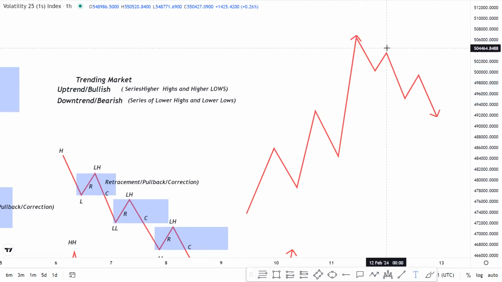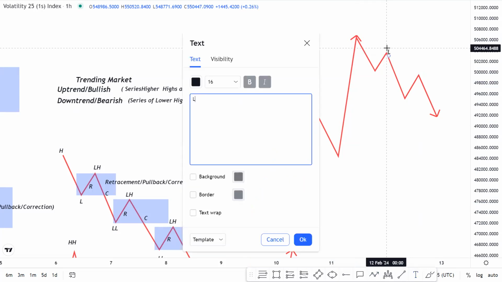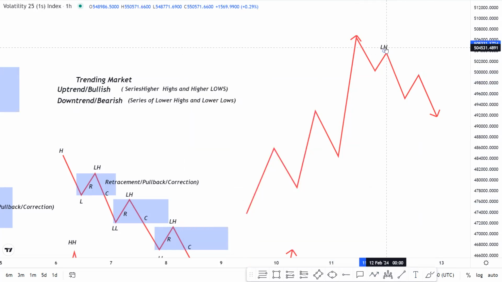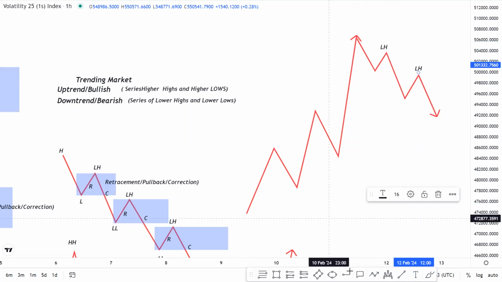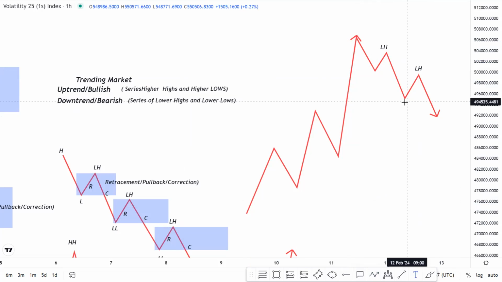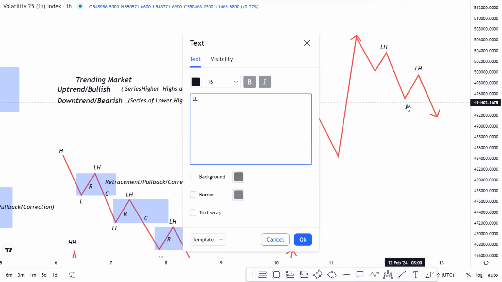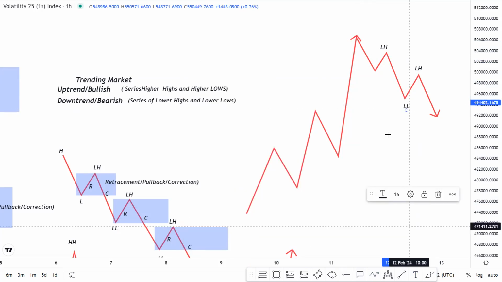You can clearly see the market presenting us with lower highs right here. And then obviously this is looking like a lower low as compared to the previous low.